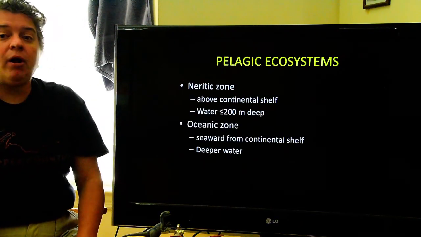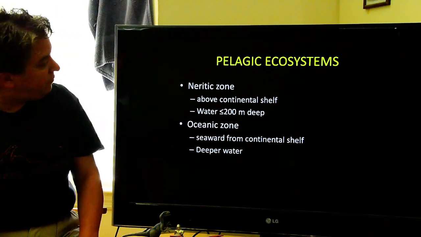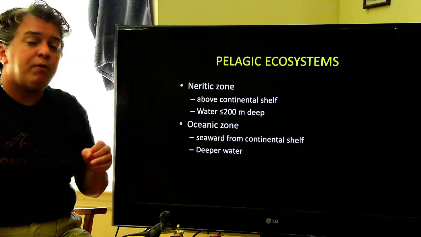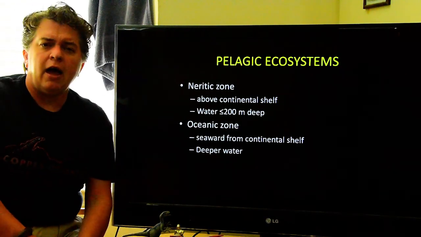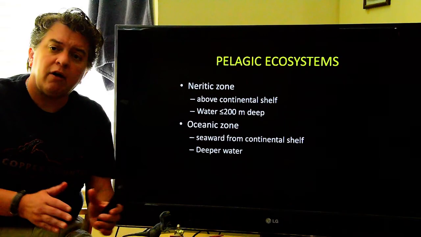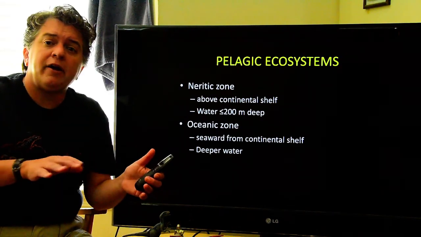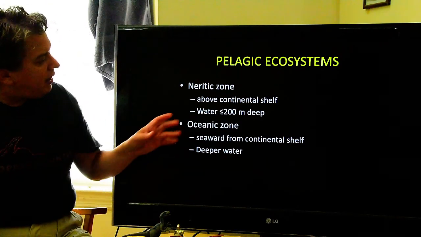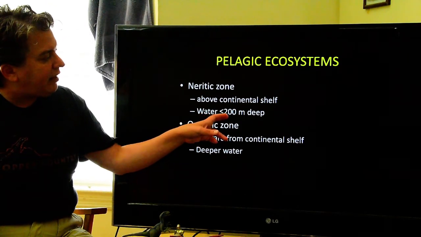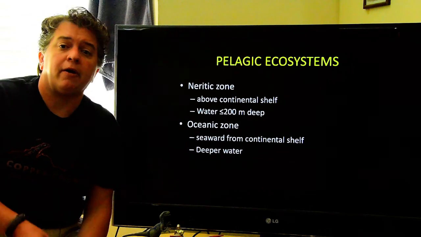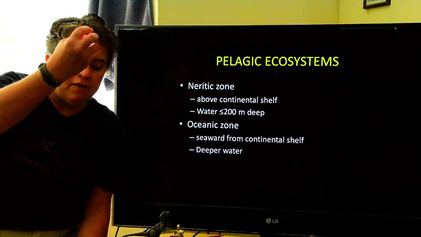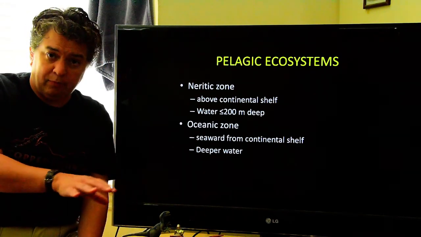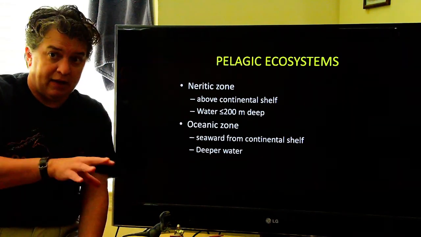Now, in the pelagic ecosystems, we have the neritic zone, which is above the continental shelf. And remember from physical geology, the continental shelf is that area of shallow water right next to the continents. And the water is usually less than 200 meters deep there. What this means is that the photic zone goes all the way to the bottom of the sea at that location.